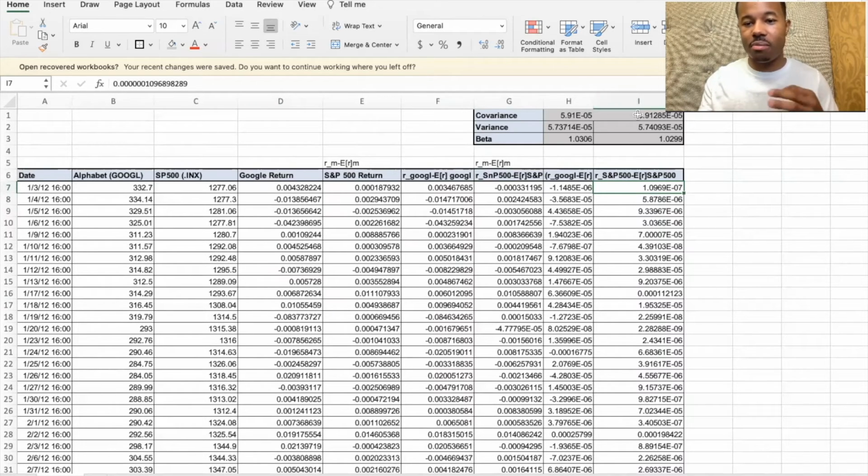We're going to multiply the two, which is the return of Google minus the expected return of Google, times the return of the S&P 500 minus the expected return of the S&P 500. We multiply those, divided by the variance of the S&P 500, and we get this. So the covariance divided by the variance equals the beta.